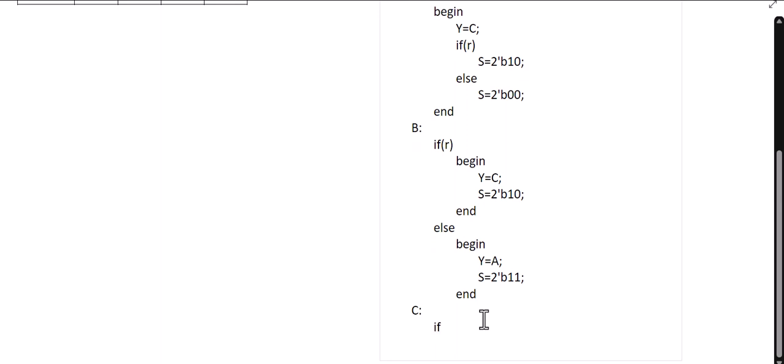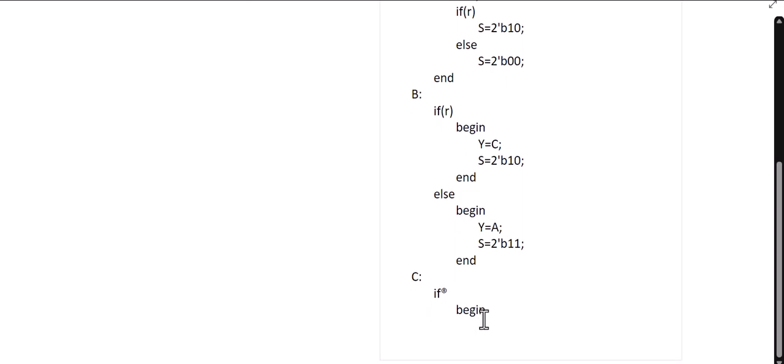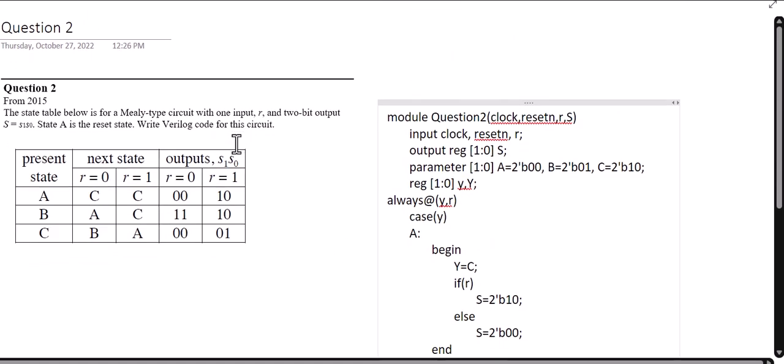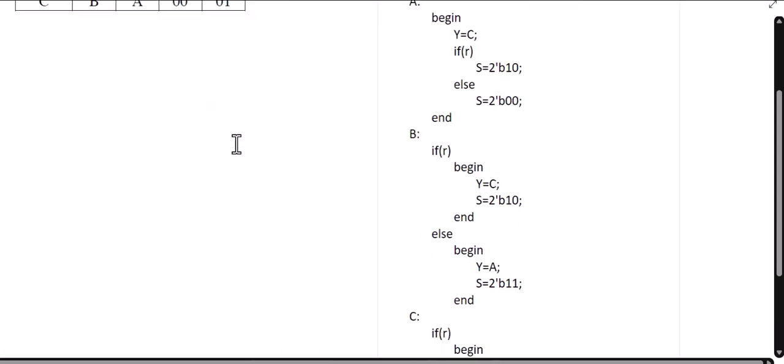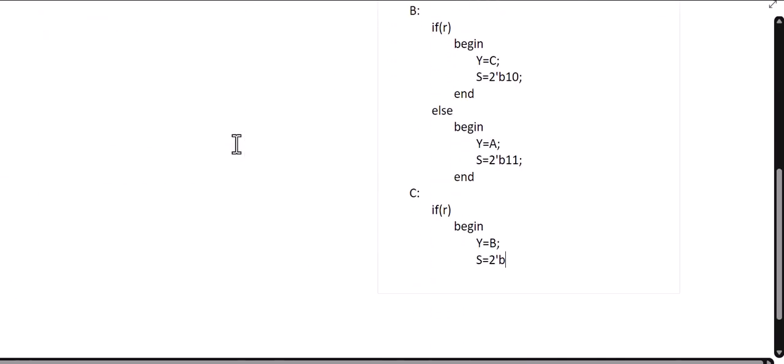Okay, now C, if R. Let's see. R was 1, the next state is B, and the output is 0, 1.